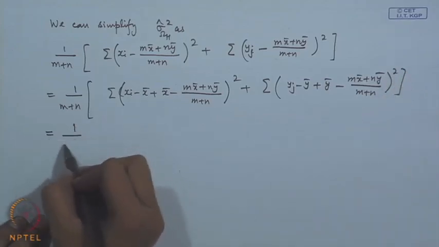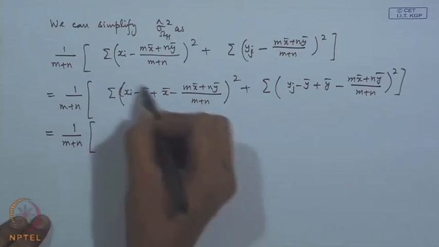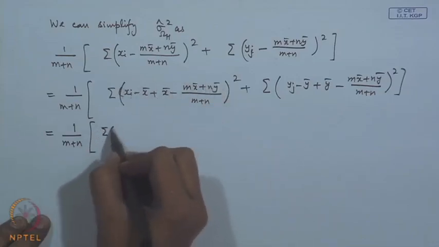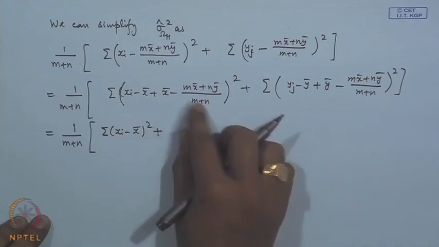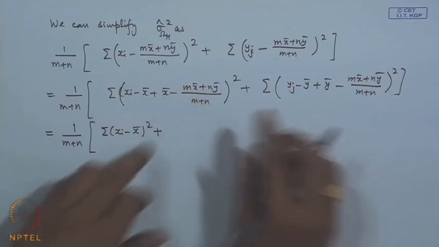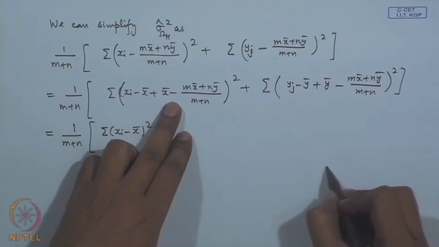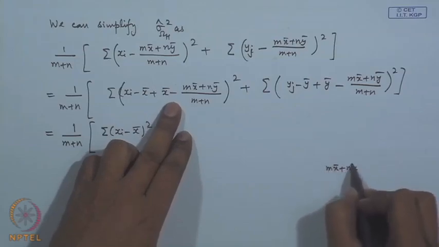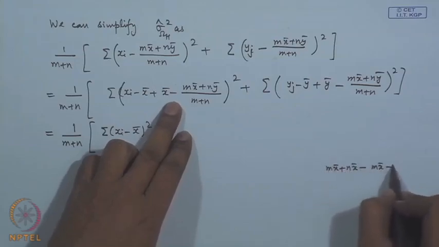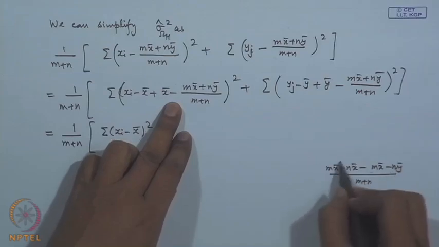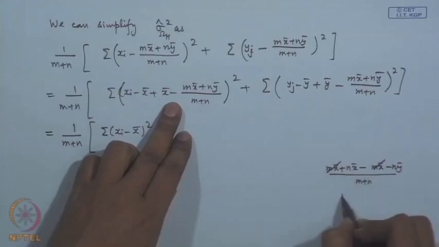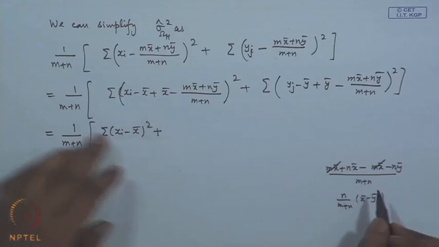So, that is equal to 1 by (m plus n), and this term now I expand. So, I will get sigma x i minus x bar square plus, now this second term if I simplify, I get (m x bar plus n x bar minus m x bar minus n y bar) divided by (m plus n). So, m x bar gets cancelled out, and I get n divided by (m plus n) times (x bar minus y bar), and this will be squared.